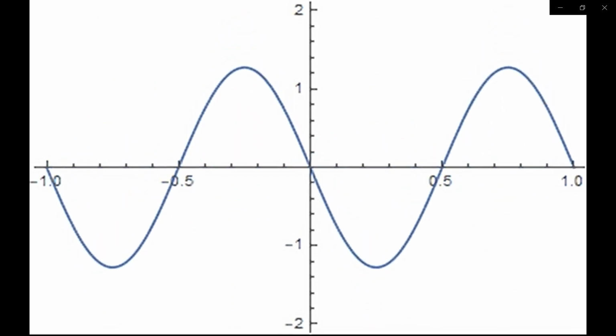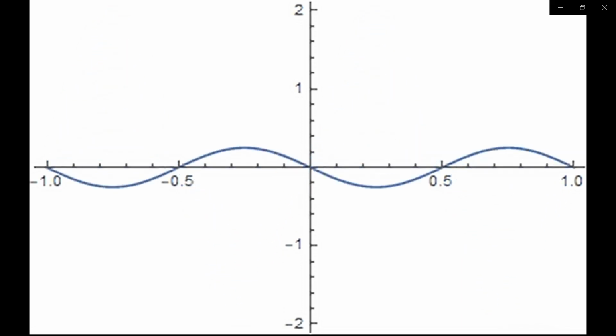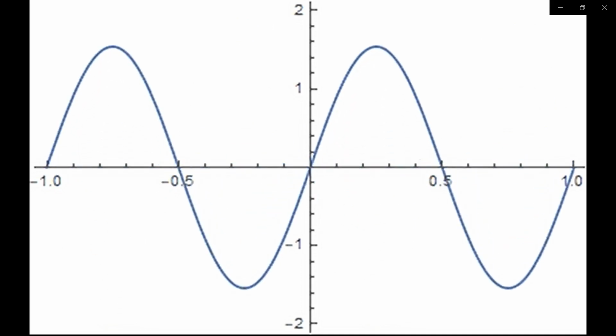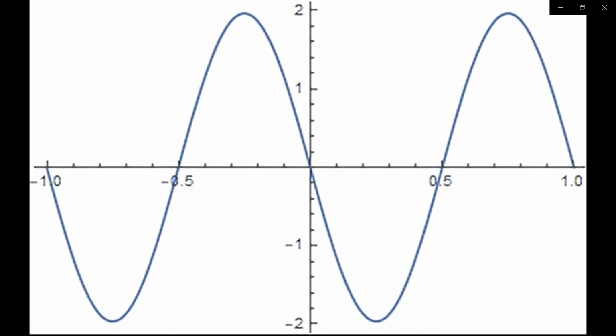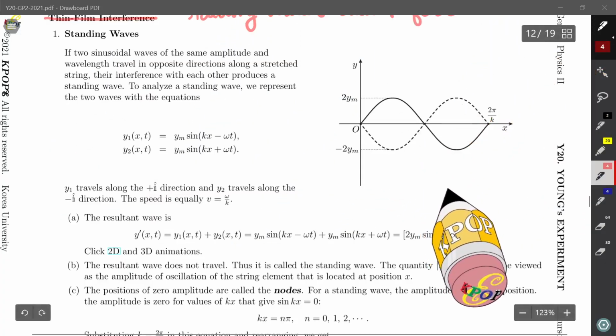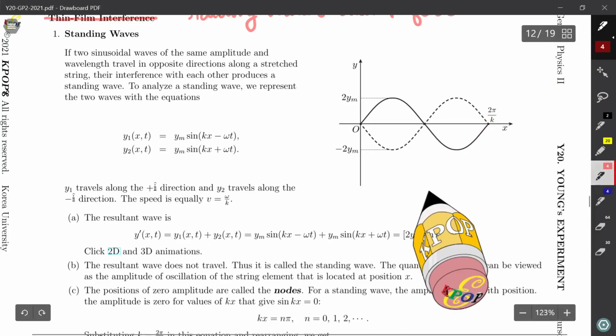Actually, the standing wave can be interpreted as the sum of two waves that are making a head-on collision. Let's consider this.